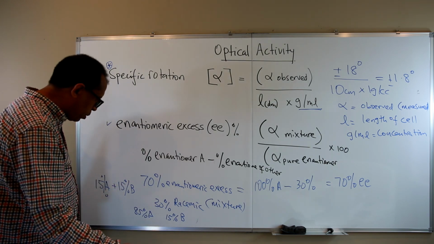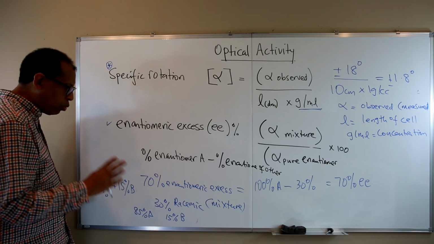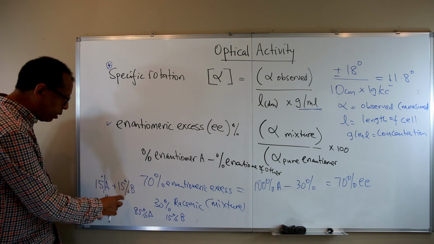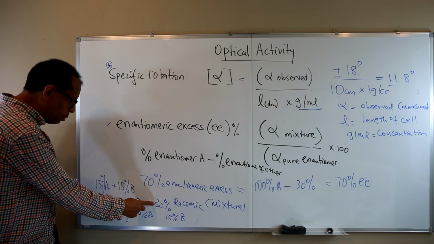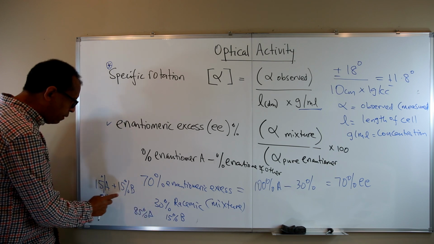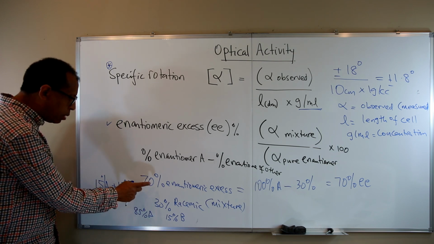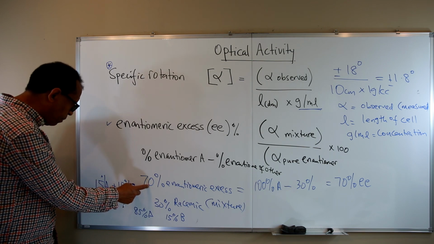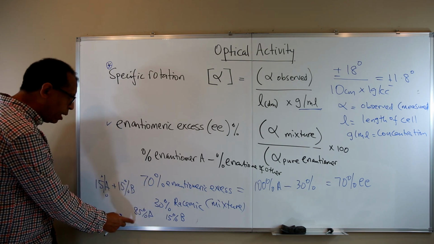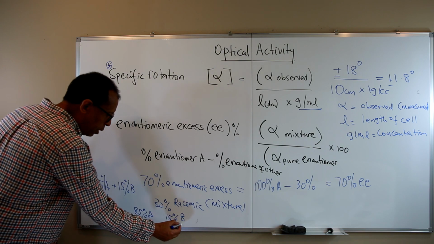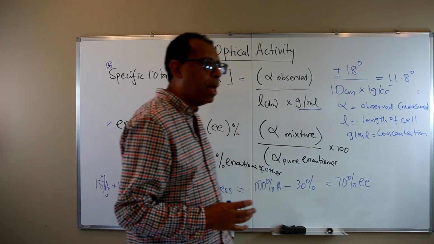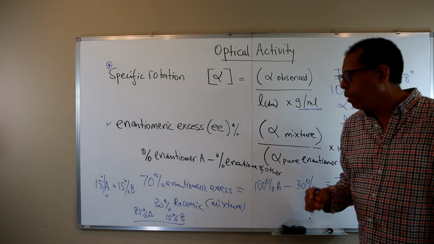Out of that 30%, if you want to know how much of each is in the sample, it is a 50% mixture, which means 15 and 15. So add 15% to A, which is the excess, giving 85% of A and 15% of B. This is the total percentage of A and the total percentage of B.